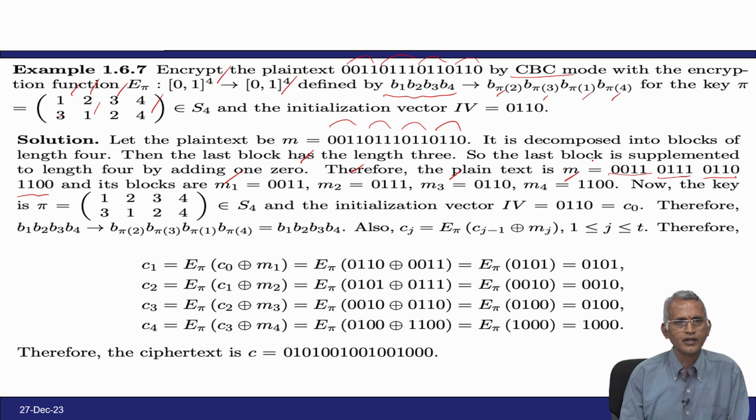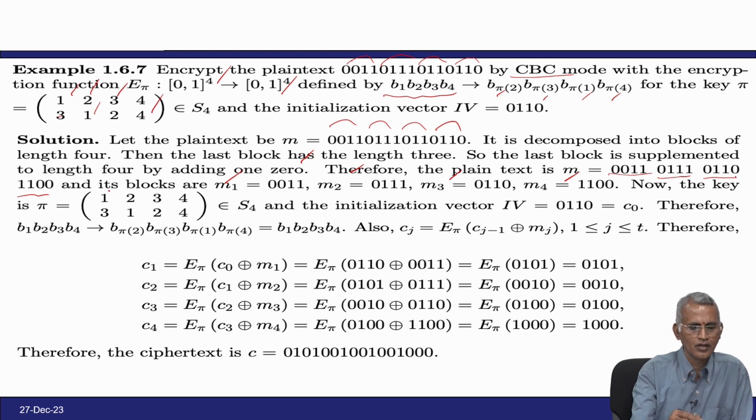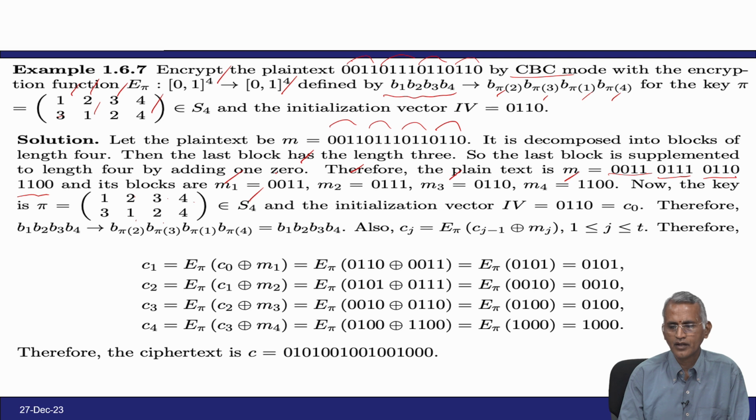Now, you take the permutation. What is the permutation? 1 maps to 3, 3 maps to 2, 2 maps to 1, 4 maps to 4, which is a permutation of S4. Now, the initial vector is 0110, which is equal to C naught.